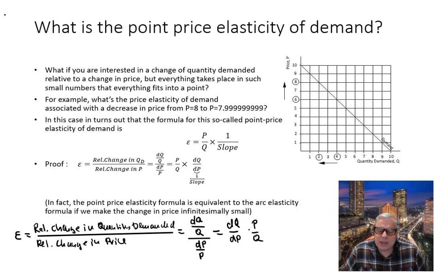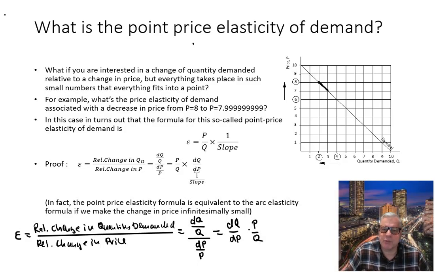And dQ over dP, we can also think of as a slope, because if you take a look at the slope of, let's say, the demand curve, how do we get the slope?